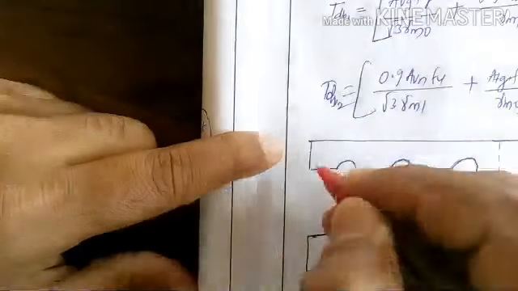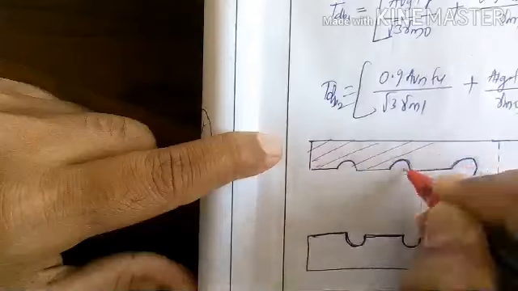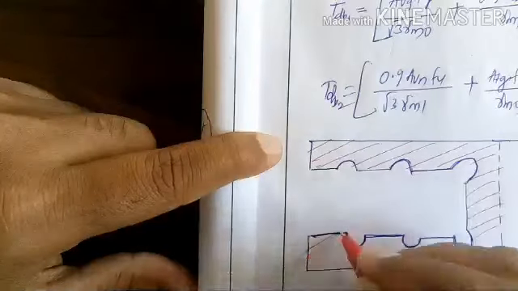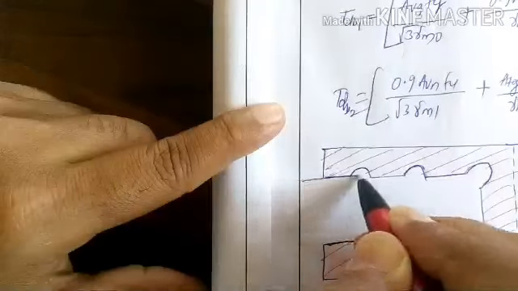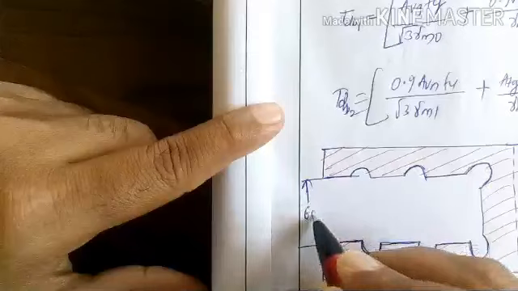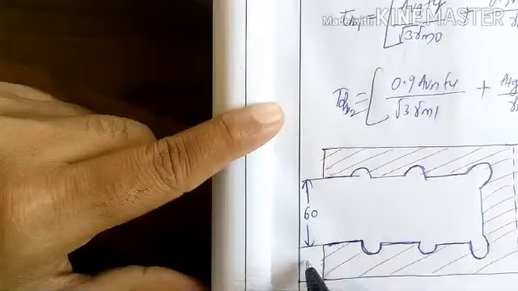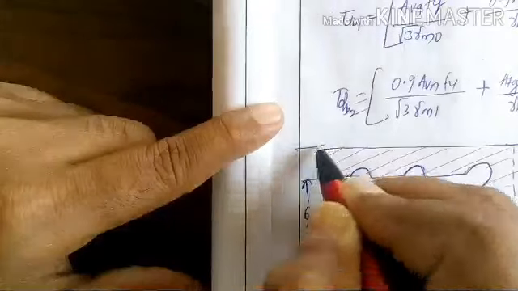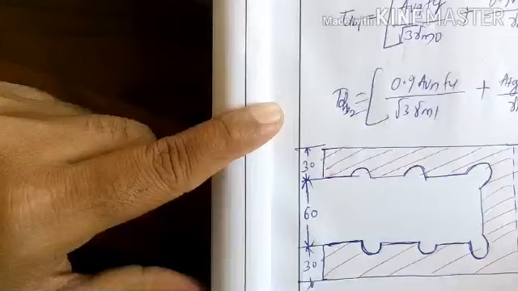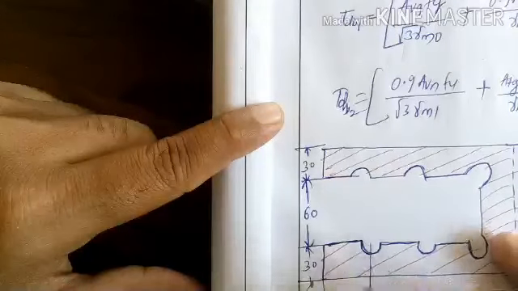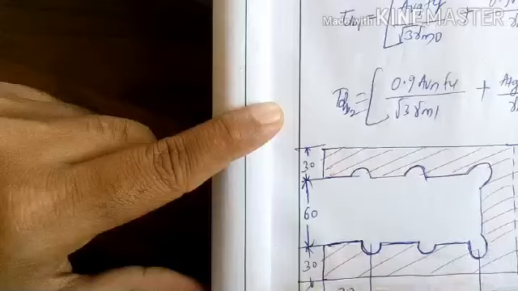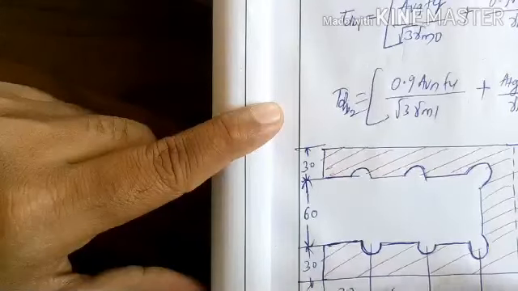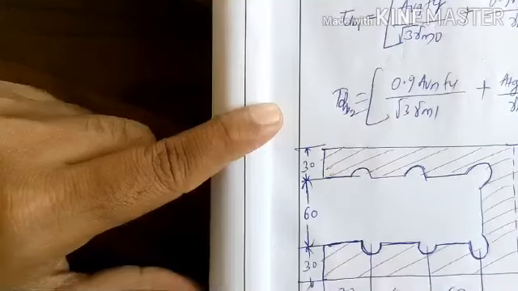Then here I'll mark this failure. From the center of the bolt, this one is 60 and this is 30, this is 30, and from center to center this is 30, and this is 60. This is the failure pattern of the plate.